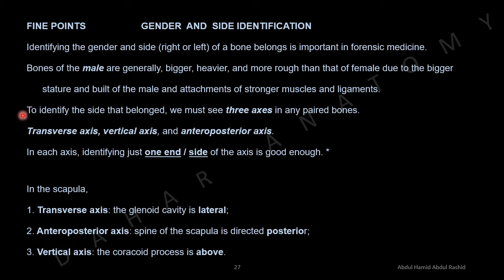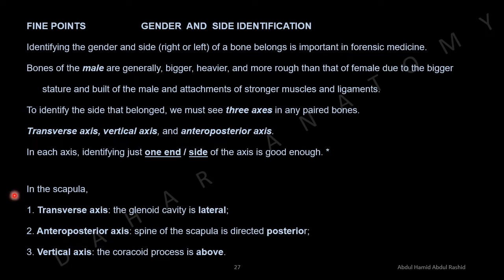To identify the site that a bone belongs to, we must see 3 axes in any paired bones. They are transverse axis, vertical axis, and anteroposterior axis. In each axis, identifying just one end or one side of the axis is good enough.